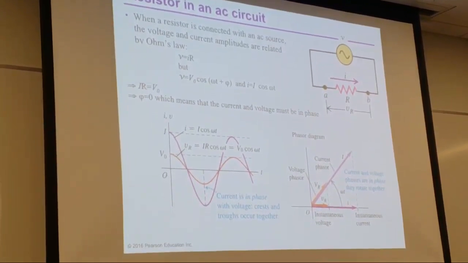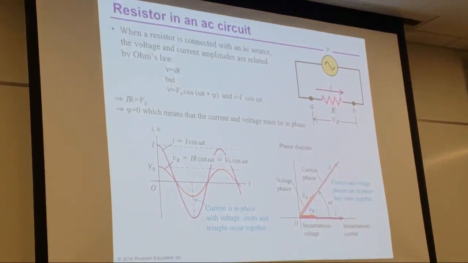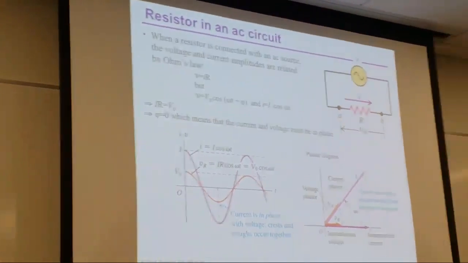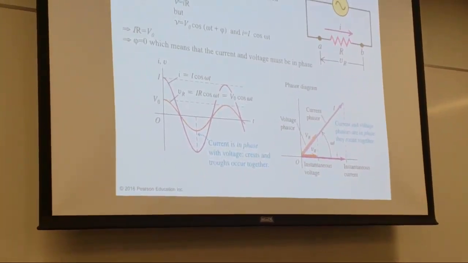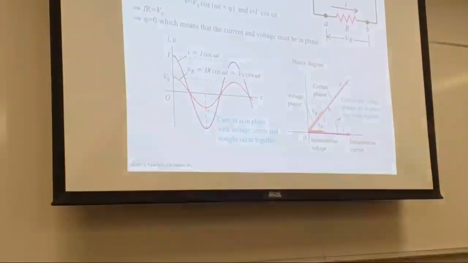The voltage is given by this function that I told you, which is basically connecting it to the outlet of your wall. That's an AC source. The voltage is an alternating source defined by cosine omega t, and I have a phase to it.